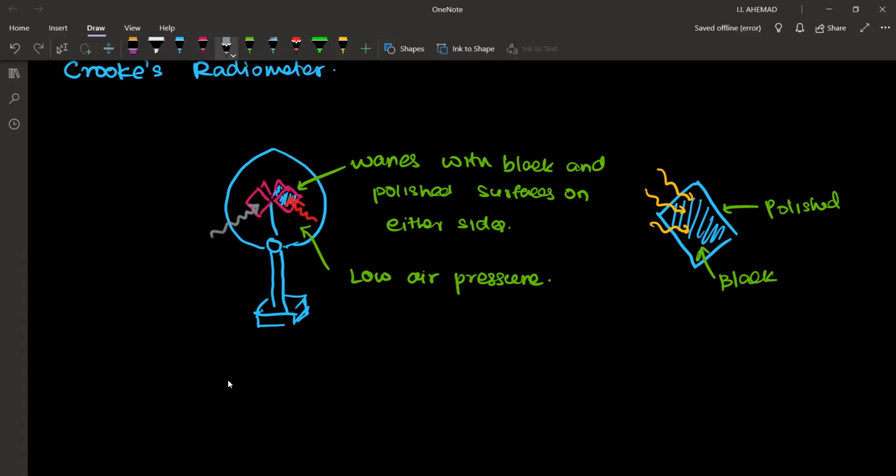So if we compare the temperature of the black surface and the temperature of the polished surface, the temperature of the black surface is going to be greater. Then when air molecules collide with these two surfaces, when they collide with the black surface, they will gain a lot of energy compared to colliding with the polished surface.